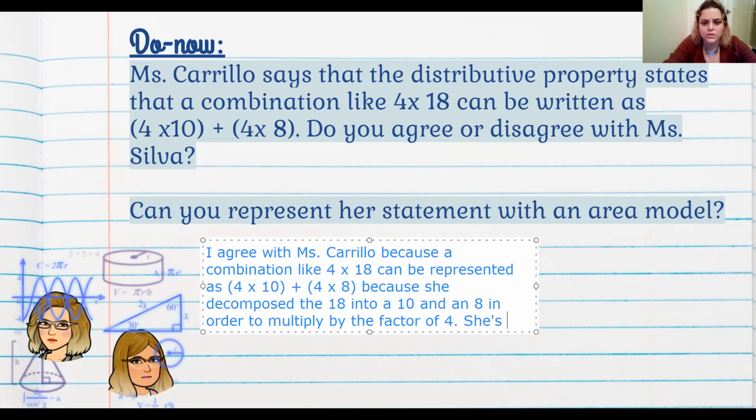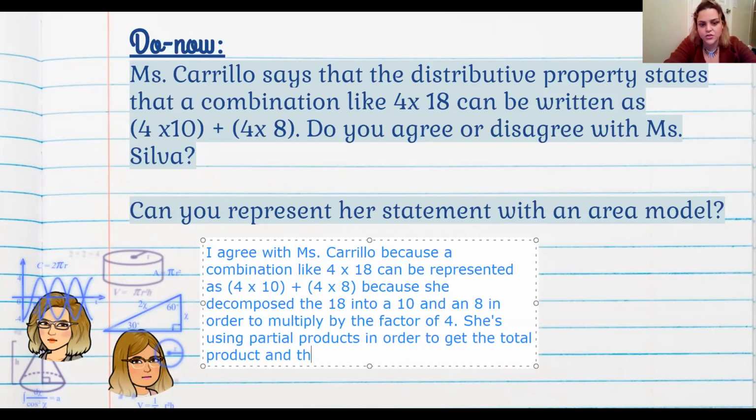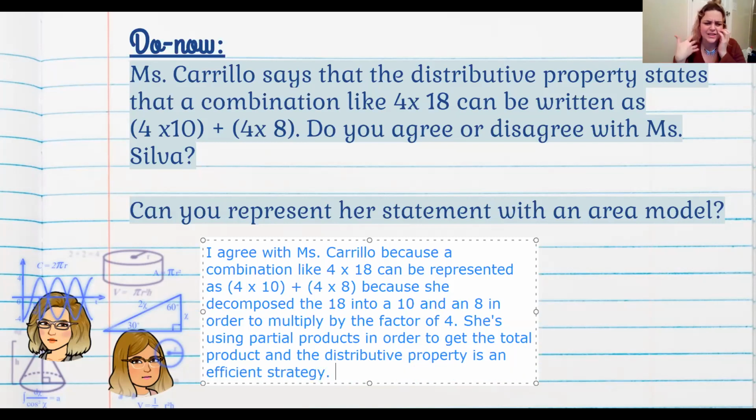I'm going to use some juicy words. She's using partial products in order to get the total product, and the distributive property is an efficient strategy. Let me just read that again and see what that sounds like out loud.